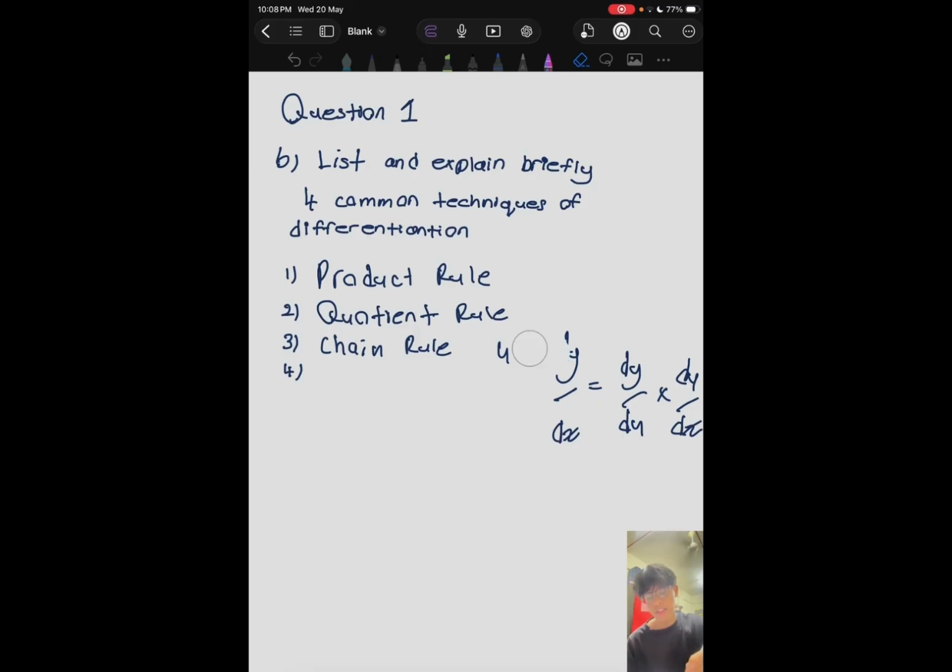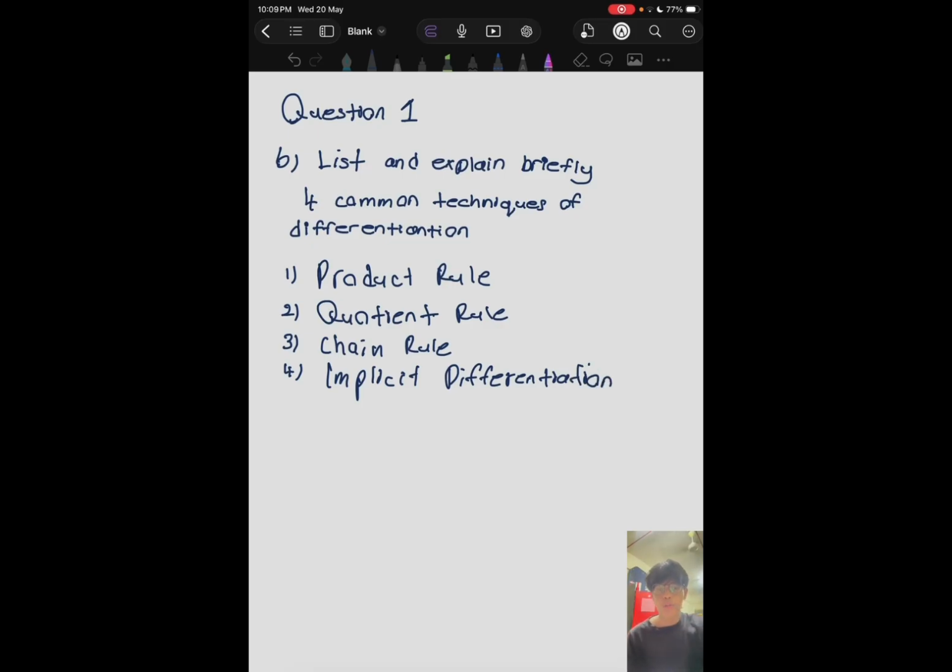So let's move to the last common technique of differentiation, which is what we call implicit differentiation.